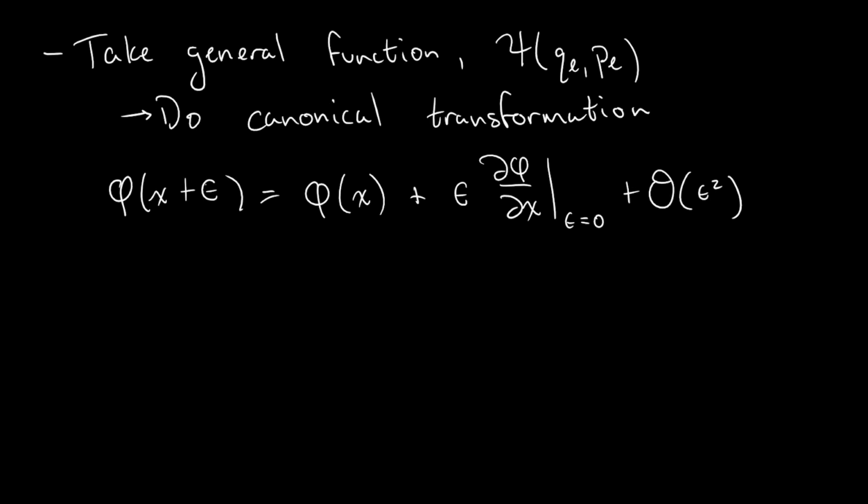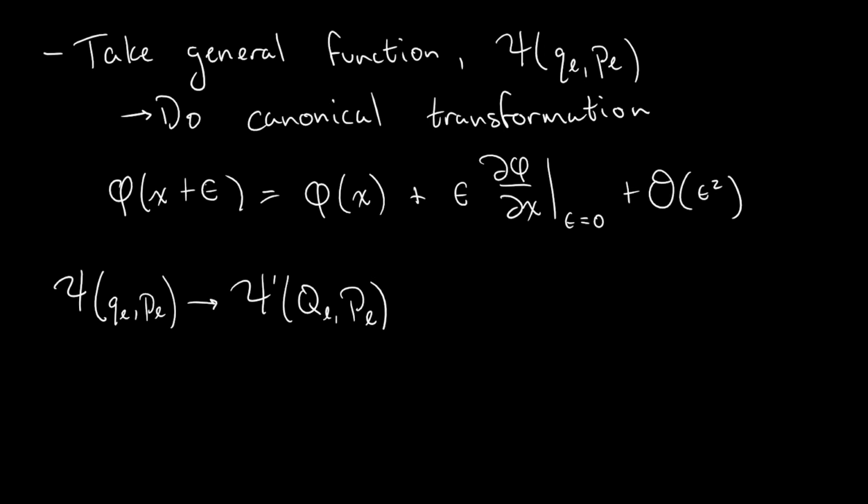So when I do this, psi of q sub l, p sub l goes to psi prime of big Q, big P, which we know is equal to psi prime of our canonical transformed coordinates.